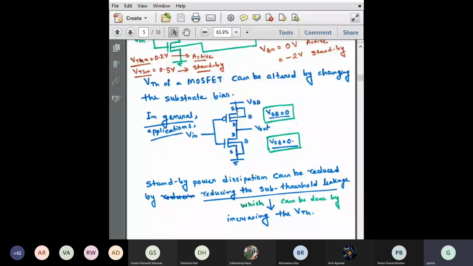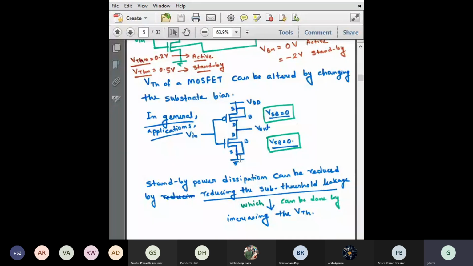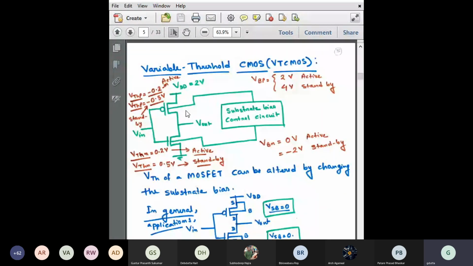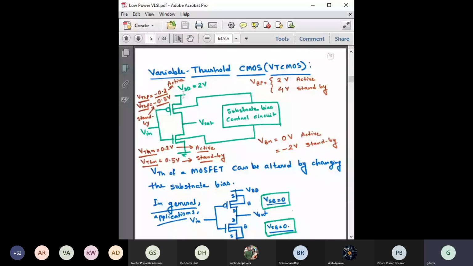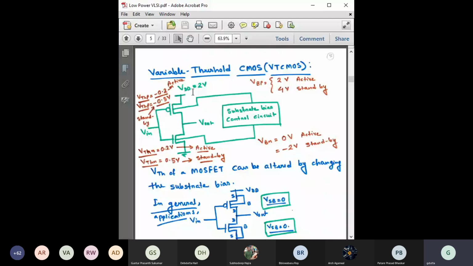So that means the body is connected with VDD for PMOS, and here the body terminal is connected with the ground for NMOS. However, instead of doing that, if we take the body terminal like this and do not short, but we connect it with an additional circuitry, which we call the substrate bias control circuit, then this control circuit can provide bias accordingly to this as well as to this.